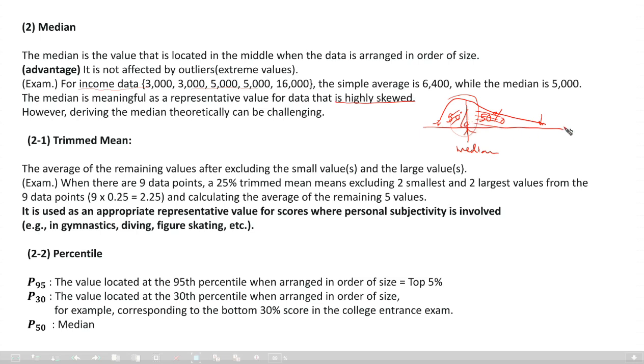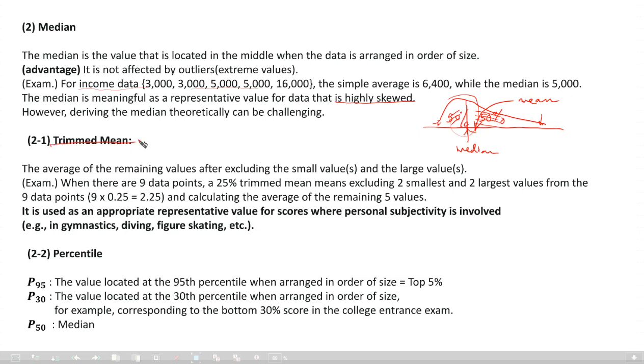So in this case, where is the average, the mean? The mean will be located around here. You understand that?